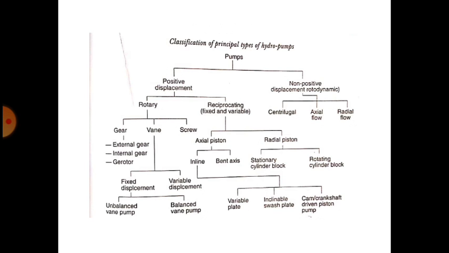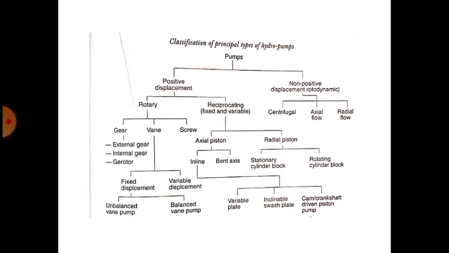Classification of pumps. Pumps are classified as positive displacement pumps and non-positive displacement pumps. In positive displacement pumps, again there are rotary type and reciprocating type, that is fixed or variable.